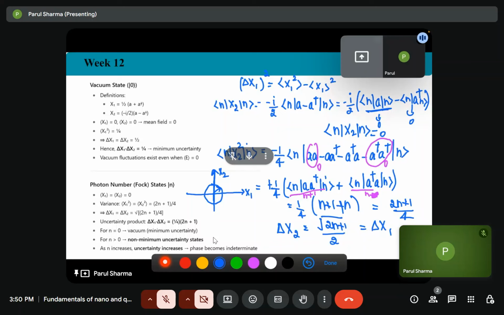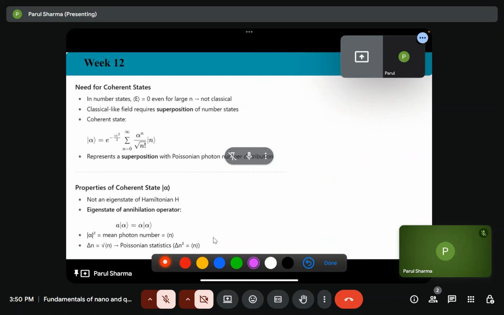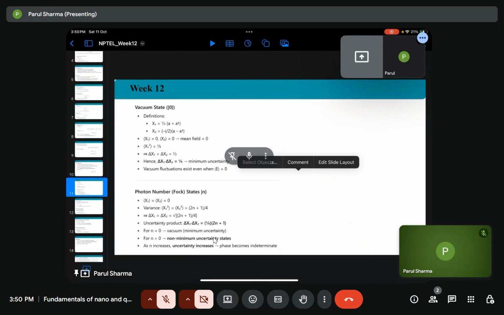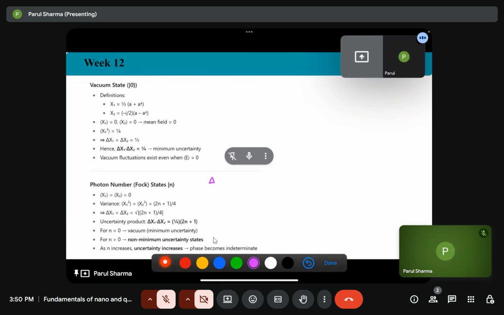And when we calculate the uncertainty relation delta x1 delta x2, it is equal to 2n plus 1 by 4, which is equal to n plus 1 by 2.